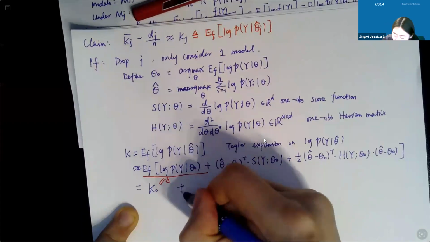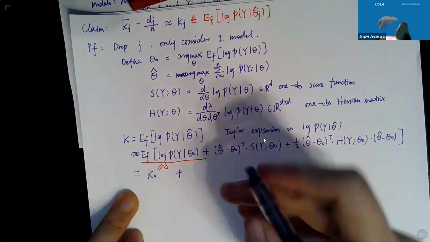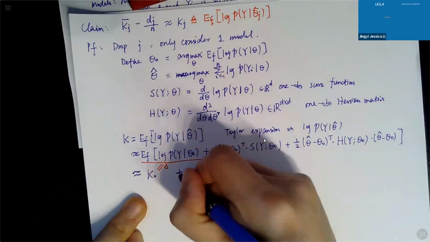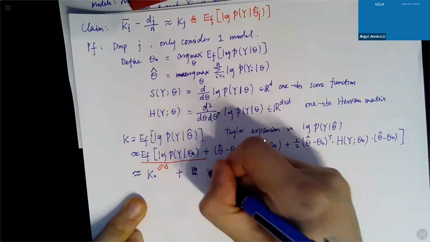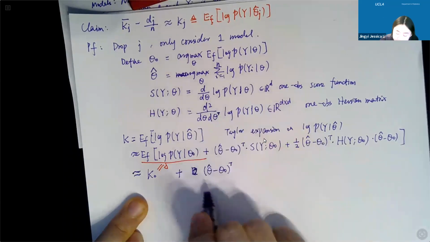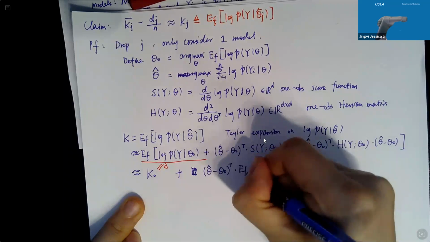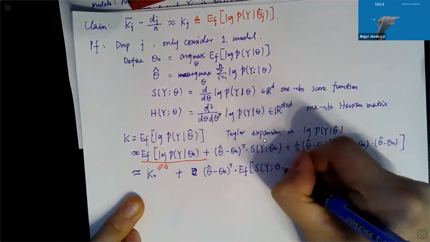Okay, and for the second term, we have the expectation of this. So what we're doing here is that we approximate this by moving this part out, which is not correct because theta hat is random, but we're just doing this approximation by moving the expectation only onto the score function.